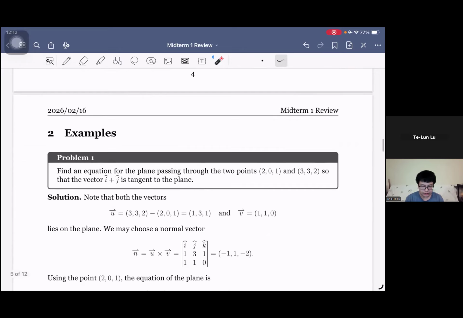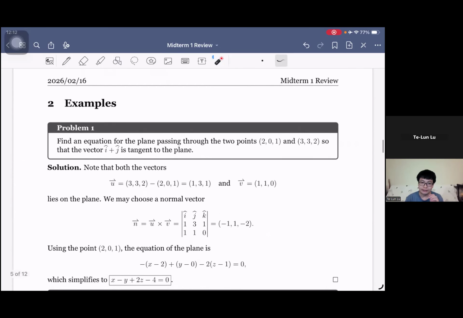Okay, so now let's start examples after reviewing concepts. So the first problem here is very classical. We have a problem that asks you for an equation of a plane that passes through 2 points, and we also assume that there is some vector that is tangent to the plane.